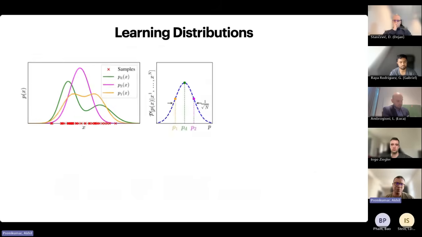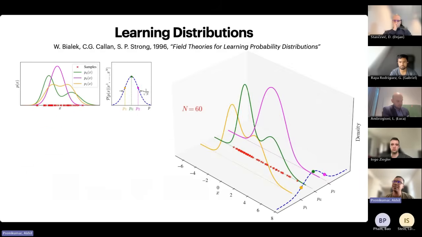I'm going to show this from a slightly different angle. I'm going to show you how the distribution of distributions and the candidate distributions evolve as you have more and more data samples.